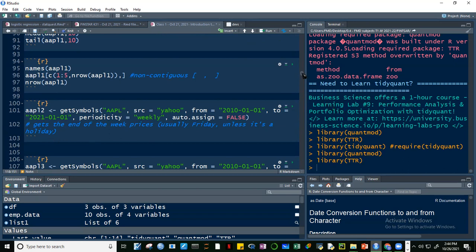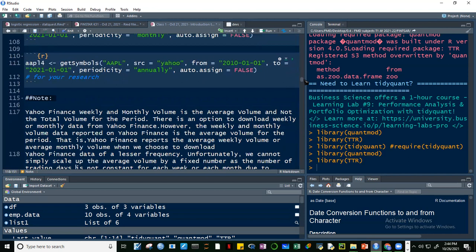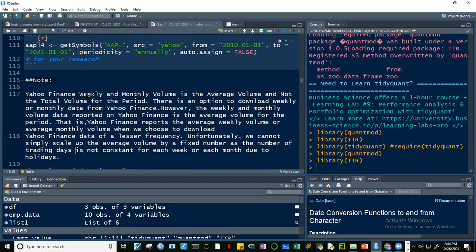I saw in another article, here: Yahoo Finance weekly and monthly volume is the average volume, and not the total volume for the week. So it gives us the average volume. Usually it's the end of the week, a Friday, but it does not give us the value on that specific Friday, but rather the average of that particular week.